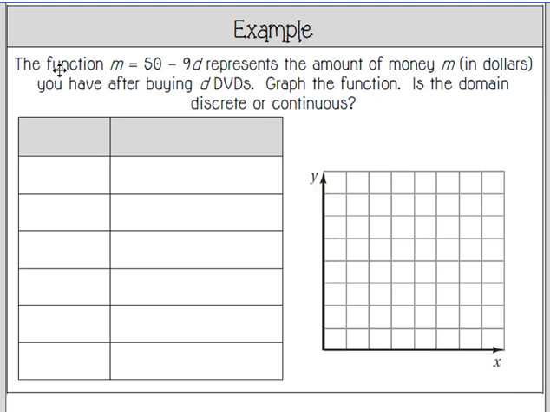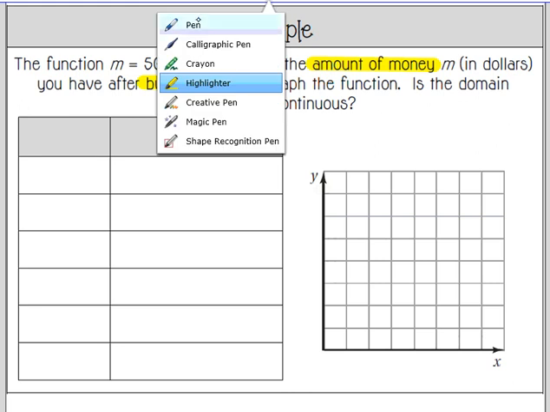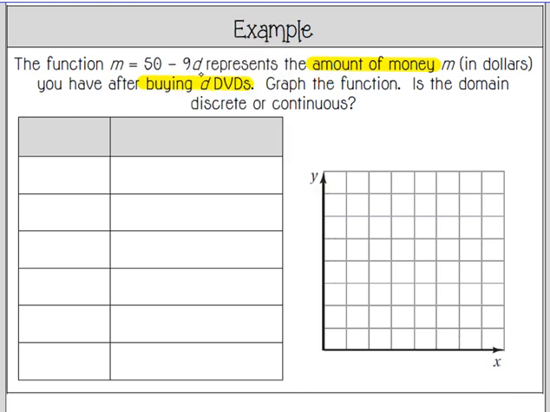So one of the first things we need to consider here is what our dependent and our independent variable is. If we're talking about the amount of money, and also the number of DVDs that we have after we buy, we need to determine which one is dependent and which one is independent. Do the number of DVDs depend on our money, or does the amount of money depend on the amount of DVDs that we buy?